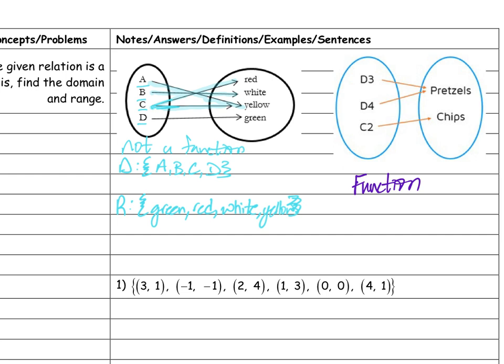So my domain, and you fixed that also, is alphabetical. So it would be C2 and then D3 and D4. And then my range is also alphabetical. So it would be chips first and then pretzels. Okay?